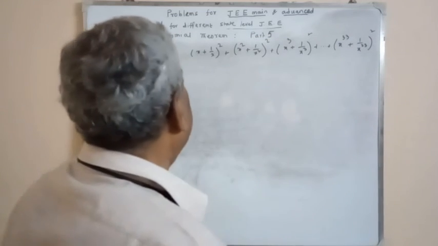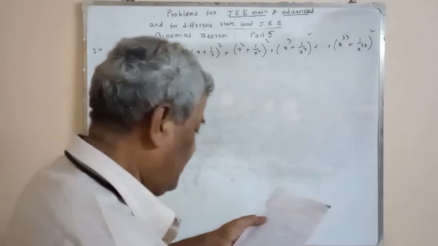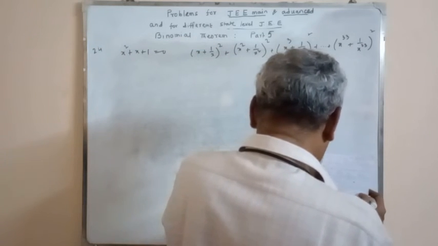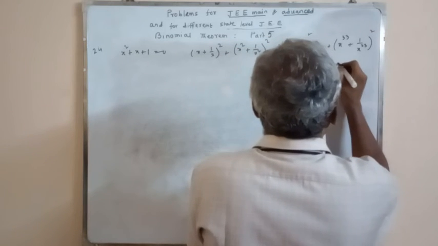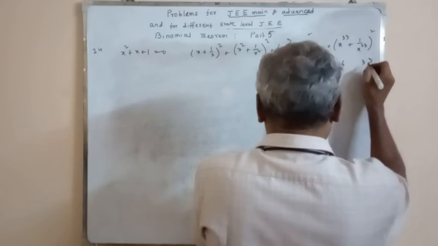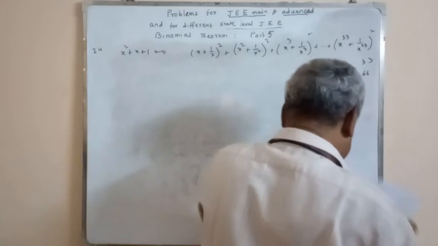Given that x square plus x plus 1 is equal to 0. Options are 36, 33, 55, and 66.